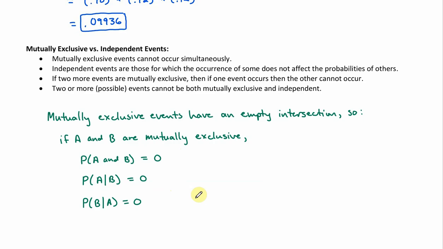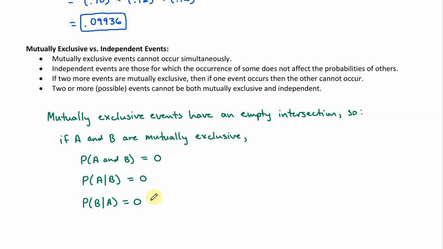And you could see it algebraically, right? Because whatever events A and B are, presumably their probabilities are not 0. So, you know, whatever the probability of A is, it's not going to be equal to the probability of A given B if the probability of A given B is 0. Right?